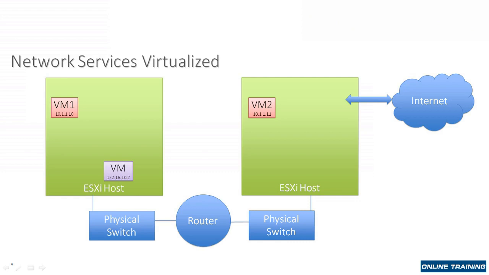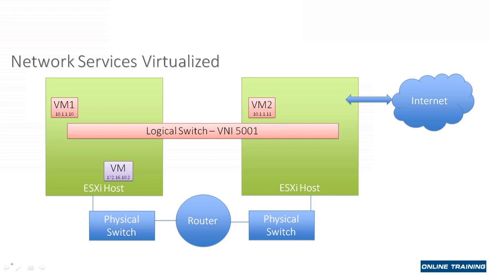Right. So we have all of these network services that have been traditionally provided by physical hardware, like switches. Right, here's a logical switch, an NSX logical switch. Here's another logical switch.